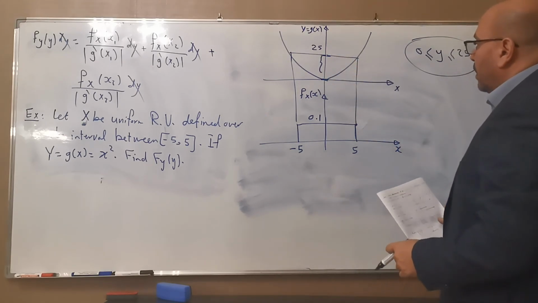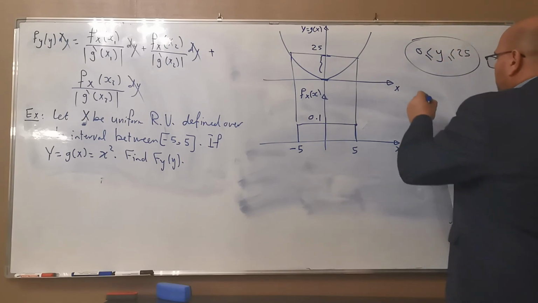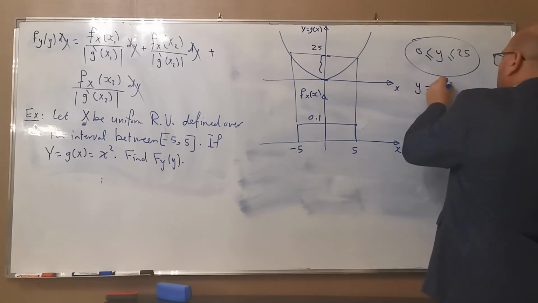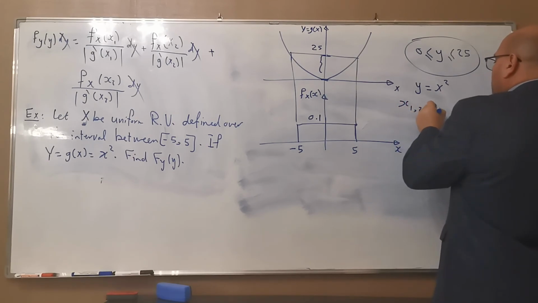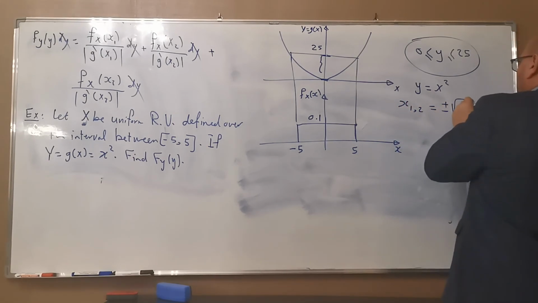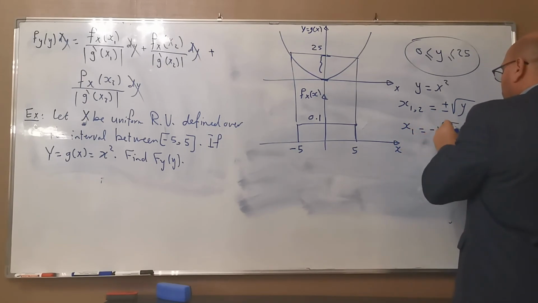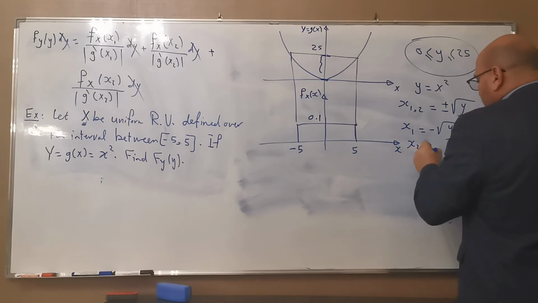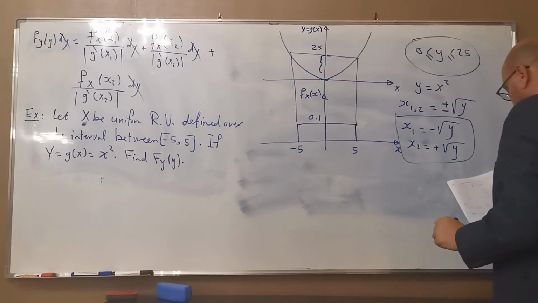Now, how many solutions for x in terms of y? We have two solutions. If you put y equals x squared, then x1 and x2 equal plus and minus square root of y. So x1 equals minus the square root of y, and x2 equals plus the square root of y.